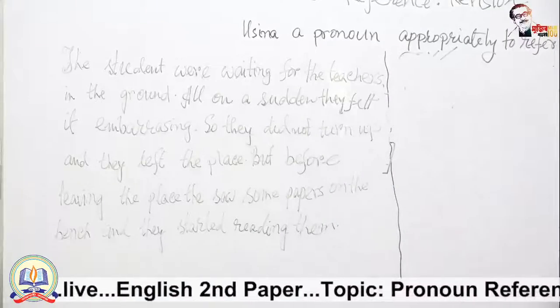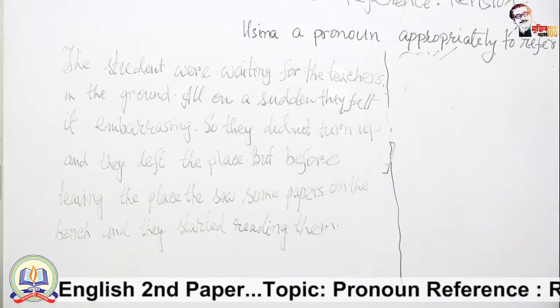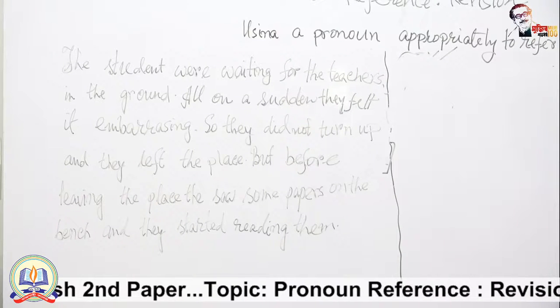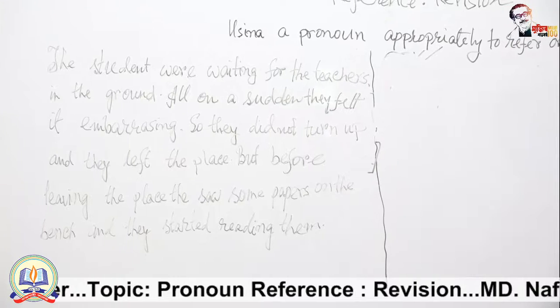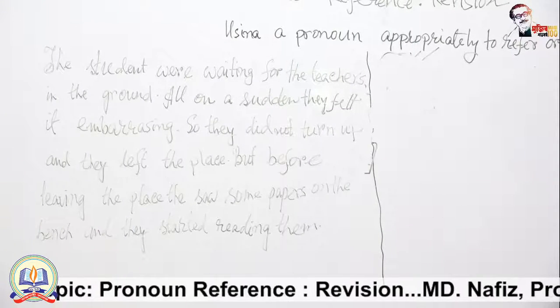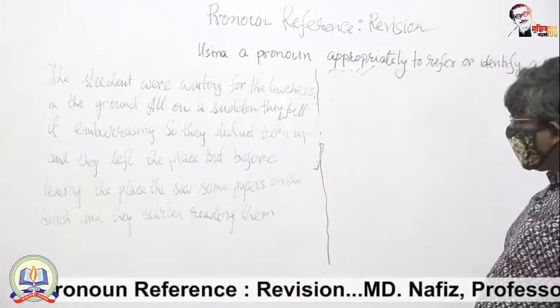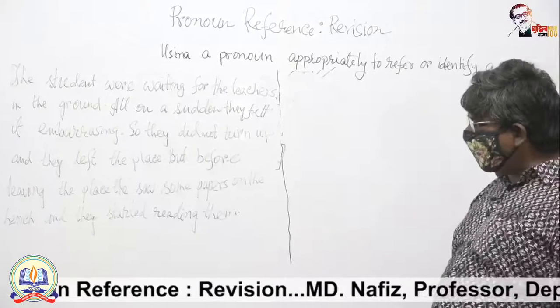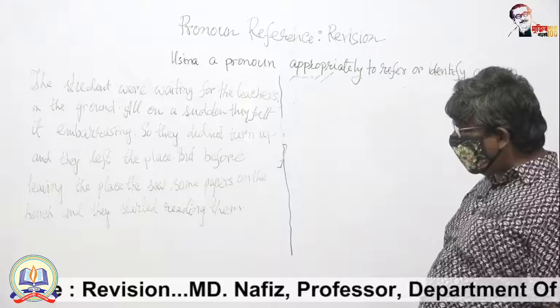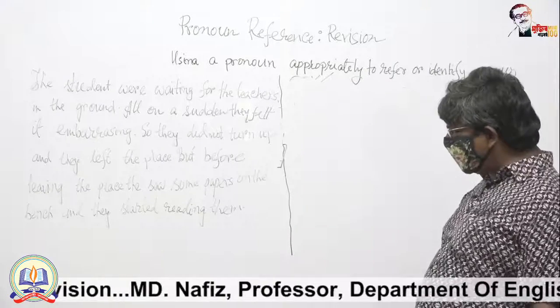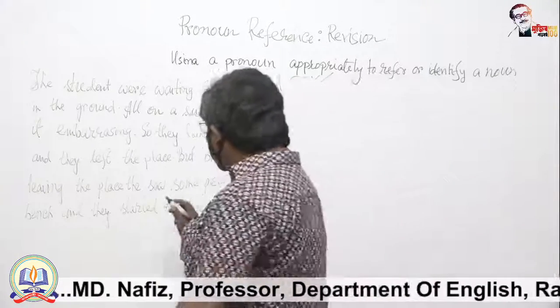Well, now look at the sentence I have written here. The students are waiting for the teachers in the ground. All of a sudden, they felt it embarrassing. So they did not turn up and they left the place, but before leaving the place, they saw some papers.